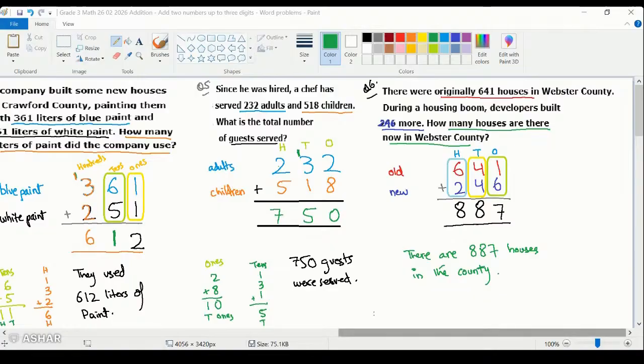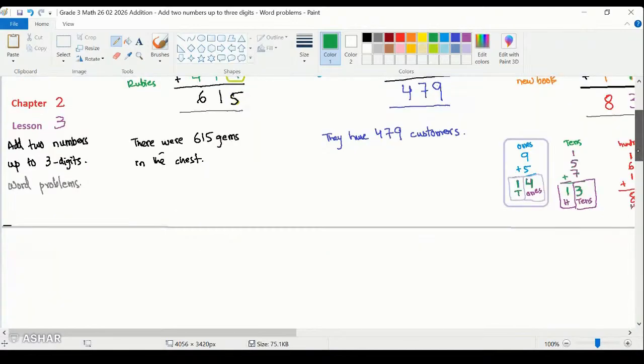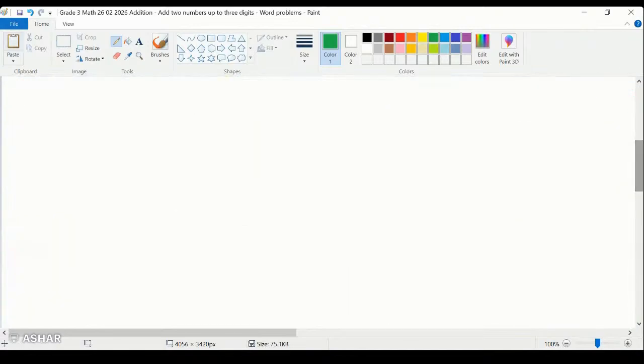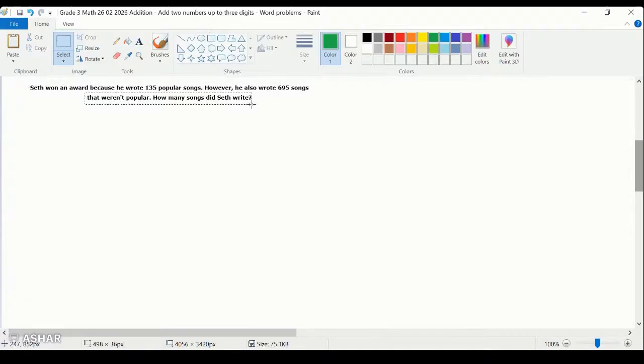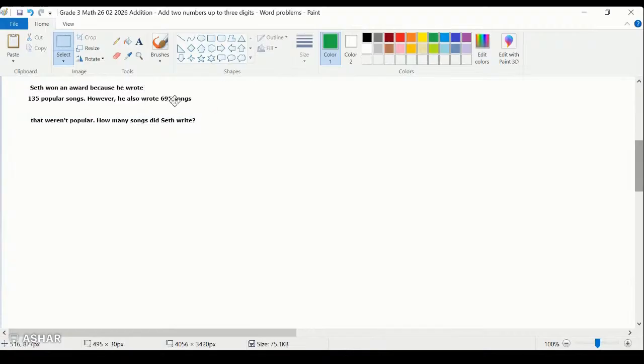Question number 7 states that this is the information given in question number 7. Let's rearrange this. Those weren't popular.